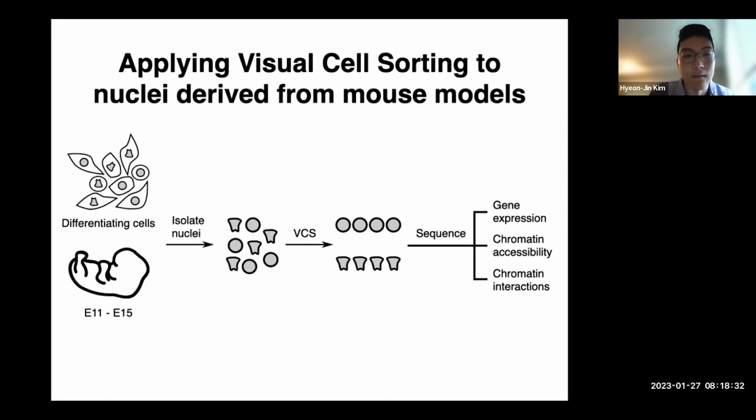The proposed pipeline is to isolate nuclei from either of these two samples, and then immunostain for different nuclear markers. Based on what we see in the images, we can sort them with visual cell sorting. So we would get some populations that look one way and some populations the other way. And then we can sequence with a bunch of different techniques, such as gene expression, chromatin accessibility, and chromatin interactions.